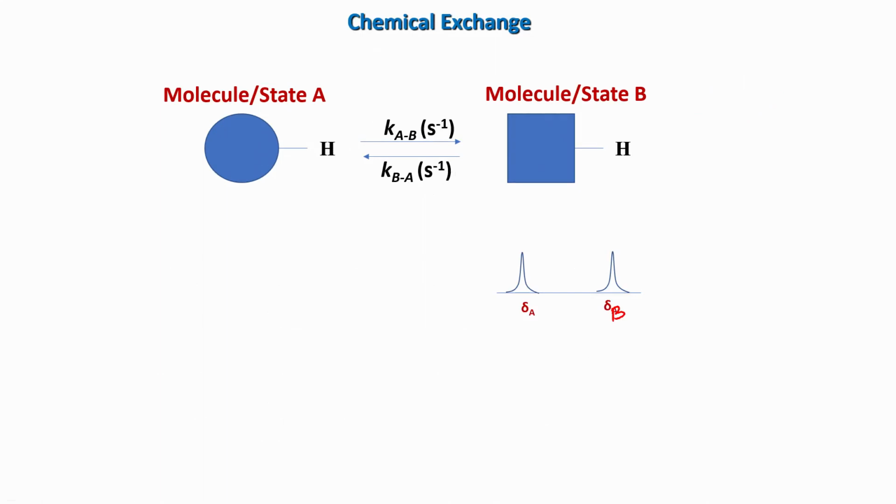So, let us see what information we get from NMR. Let us say that state A has a chemical shift delta A and state B has a chemical shift delta B. We are assuming that there is a difference in the chemical shift between these two states. This is not necessarily always true.